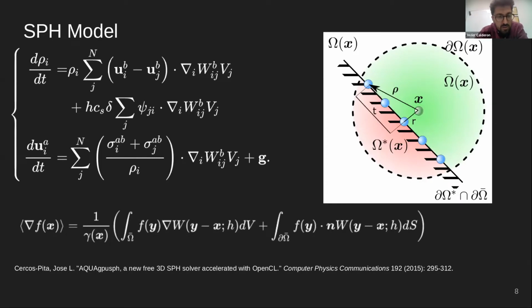For boundary conditions, we are using a boundary integrals technique as introduced by Ferrand and Marongiu in 2015. This is an approach where the truncation that happens at the boundary is modeled by two effects.